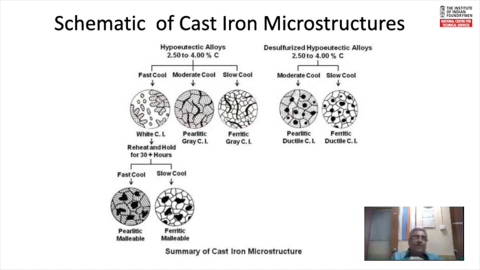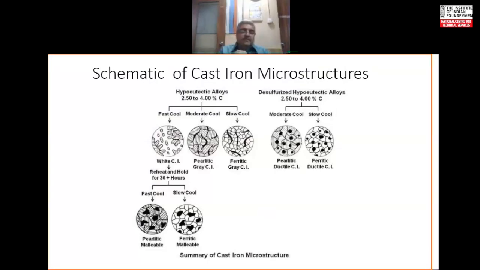White cast iron was some time ago being used for making malleable iron. So you reheat it, hold it for some 30 plus hours. There are different cycles for this heat treatment. Then if you do fast cooling, you will get what we call pearlitic malleable iron.